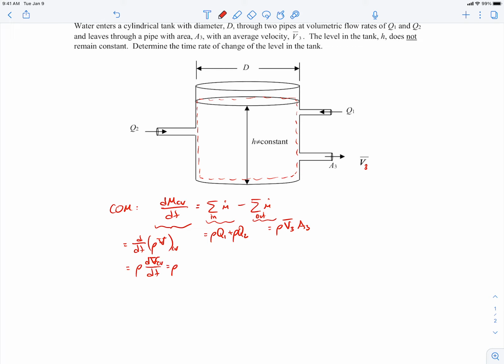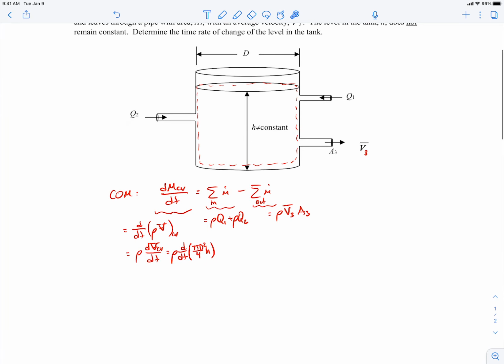And the control volume is going to be just the volume of a cylinder. It's going to be the cross-sectional area, pi capital D squared over 4, times the height. Right? This is just the volume of this cylinder. And of course the diameter of the tank isn't changing with time, so I can pull that outside. So pi D squared over 4 comes outside, and so I'm left with dH/dt. This is what I'm trying to actually solve for.